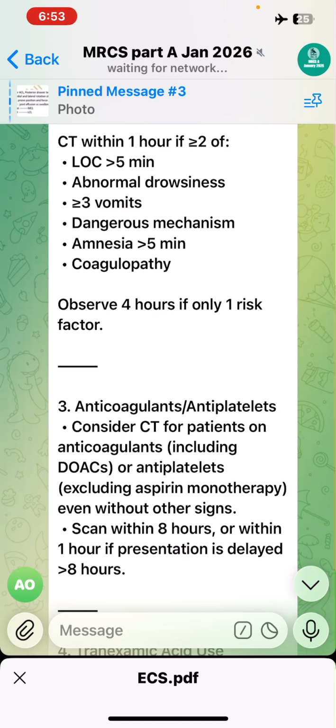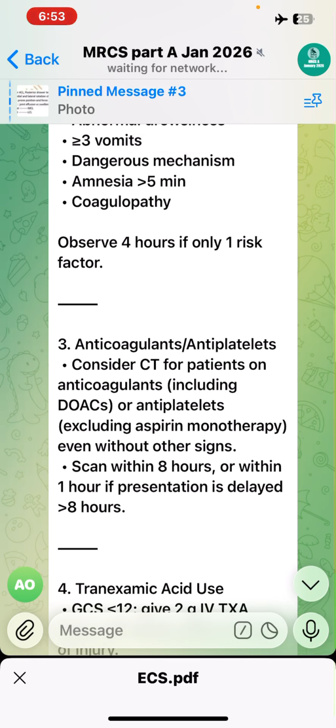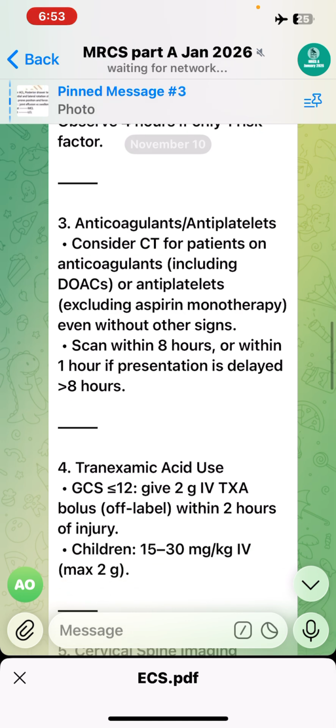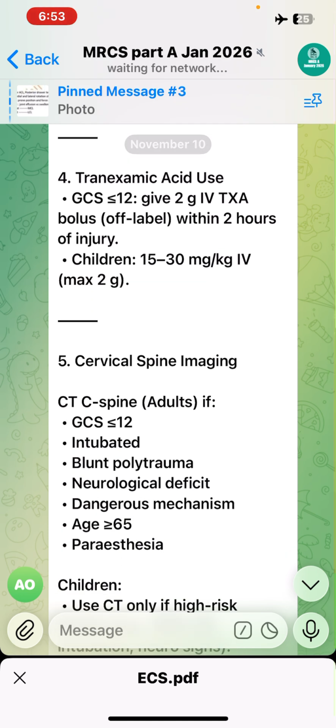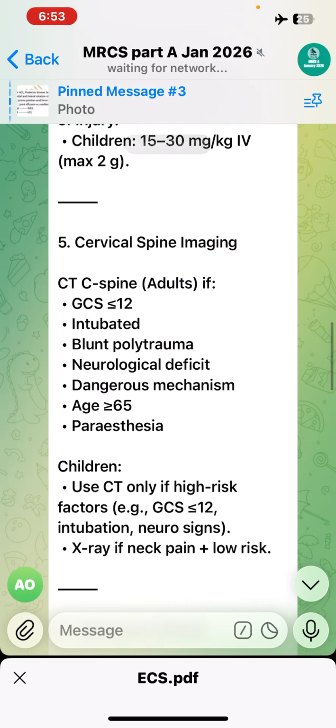Anticoagulants: consider CT for patients on anticoagulants including DOACs or antiplatelets. Scan within 8 hours, so they have to be admitted. Tranexamic acid, use GCS, all this. Cervical spine: CT spine if GCS less than 13 or intubated, and in children.